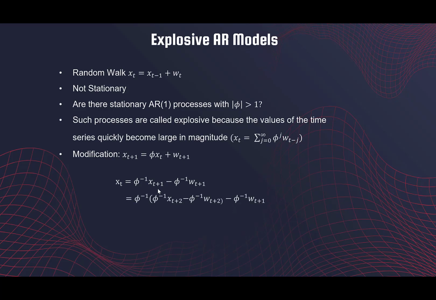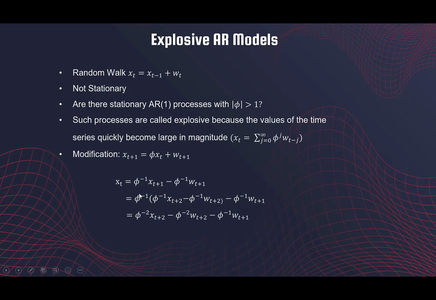And then if X_t is phi inverse X_{t+1} minus phi inverse W_{t+1}, X_{t+1} can be written as phi inverse X_{t+2} minus phi inverse W_{t+2}. So I'm looking at this structure but writing it in terms of X_{t+1} here.